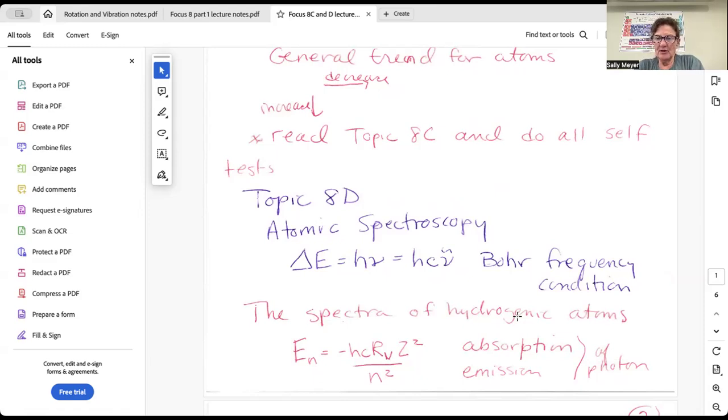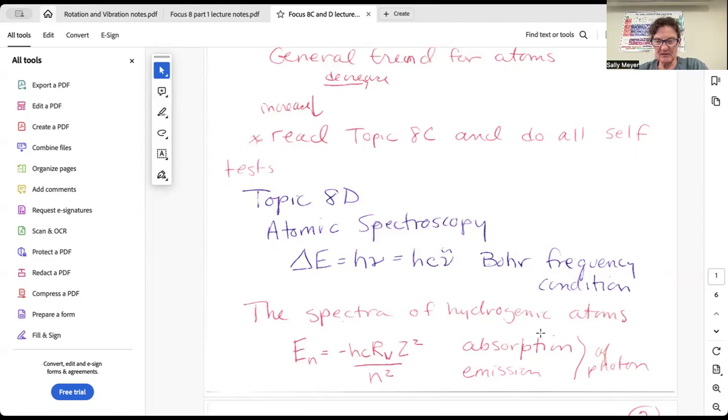So remember, the Bohr frequency condition says that if you have a photon of light with energy h nu, or hc nu tilde, meaning different units for the frequency, the frequency in the first equation would be 1 over time, and in the second equation, it would be 1 over length. But that energy of a photon has to be equal to the difference in energy that was taken when the photon was either absorbed or emitted.